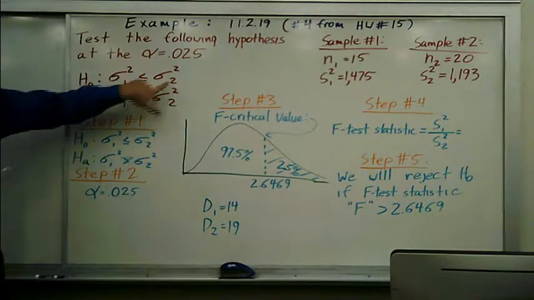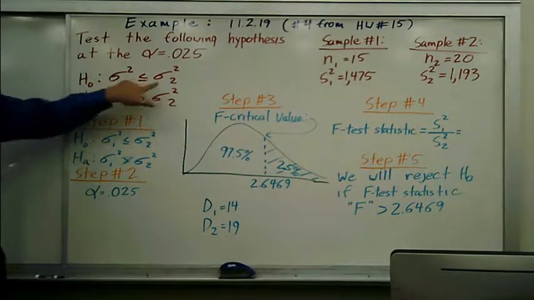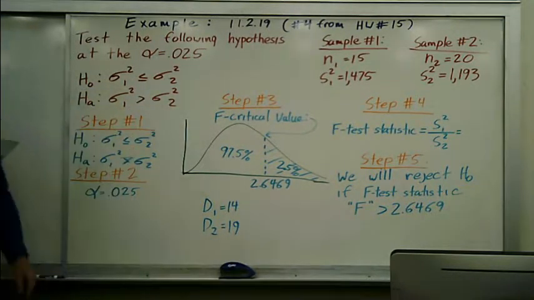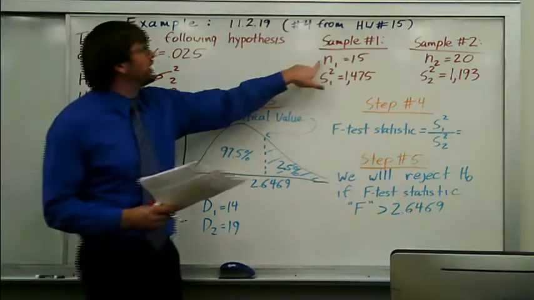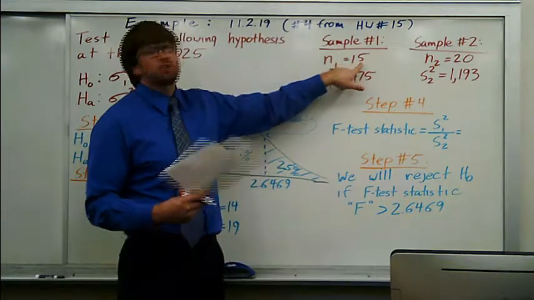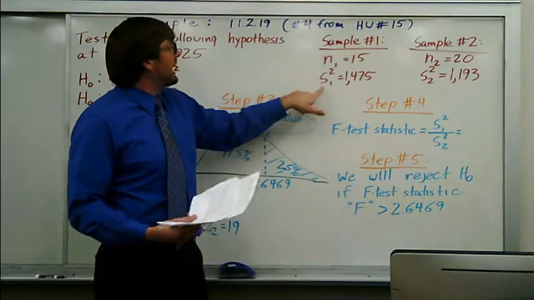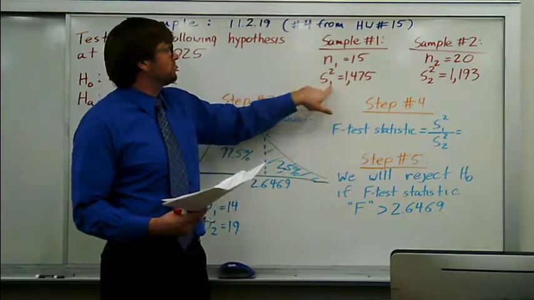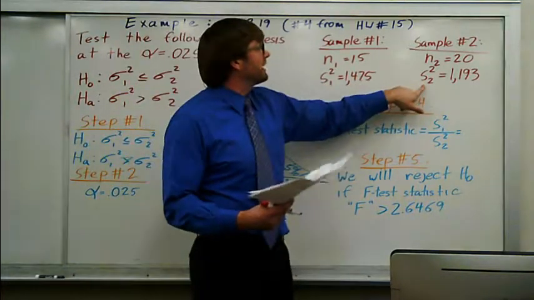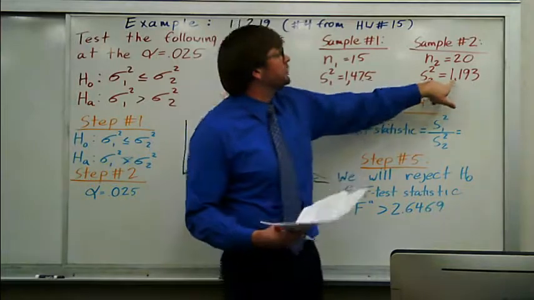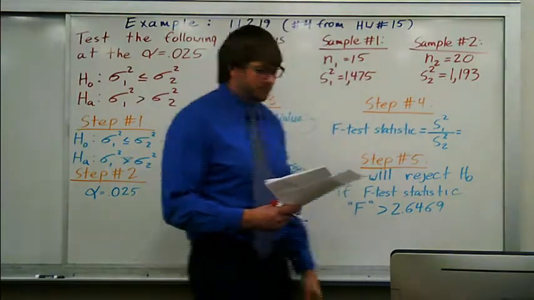Again, these subnotes just denote whether they're from population 1 or 2, right? And then we're told sample size 1 is 15, and the sample variance from sample 1 is 1475. The sample variance from sample number 2 is 1193.